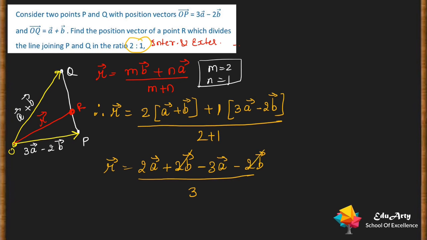This is plus, sorry. Okay, so this is 2 plus 3. So R vector will be what? R vector will be 5 by 3A vector. This is your answer internally. Getting it? Okay, this is internal case.